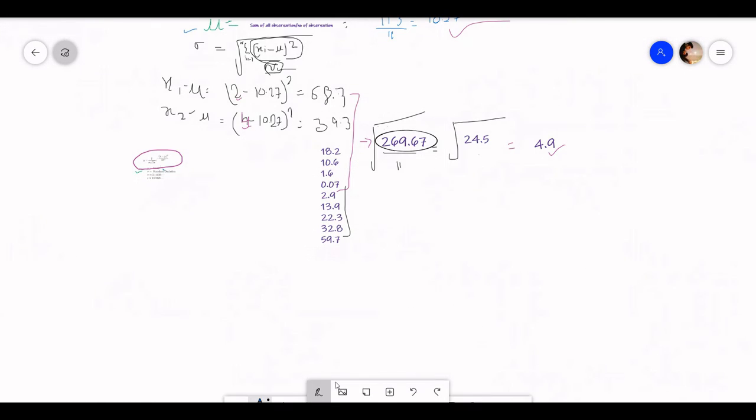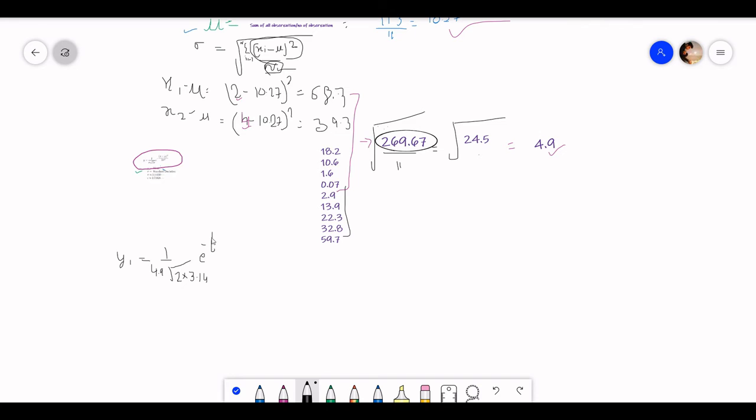So we can say that our y1 will be equal to 1 upon sigma, which is nothing but 4.9, times the square root of 2 pi, where pi is 3.14, times e to the power minus, where x will be our first data point.